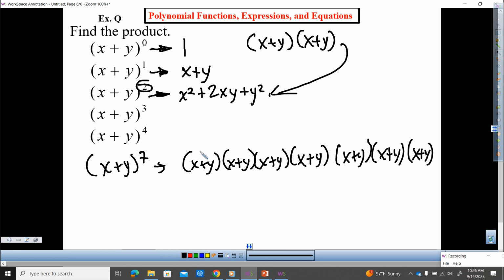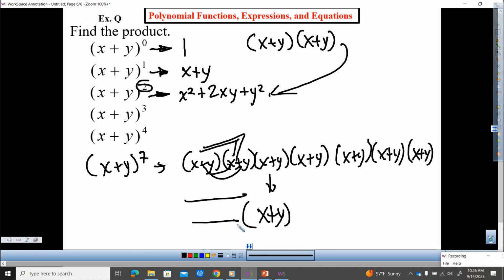And I start with these first, write it here, simplify it, and then multiply times x plus y, and then whatever I get times x plus y. Is that a lot of work? Or we can have Brandon Felix start, and then he'll give us the answer at the end?